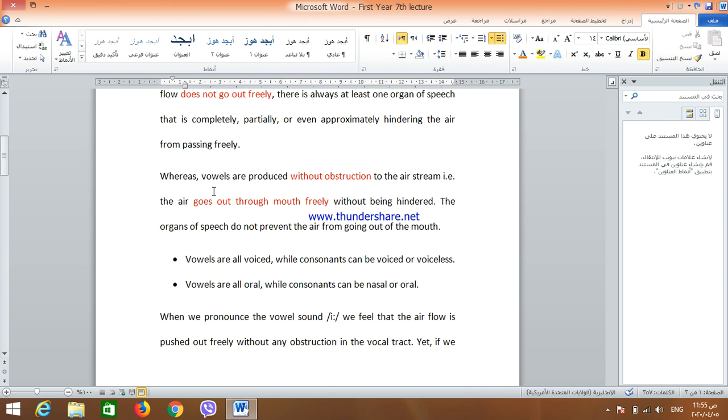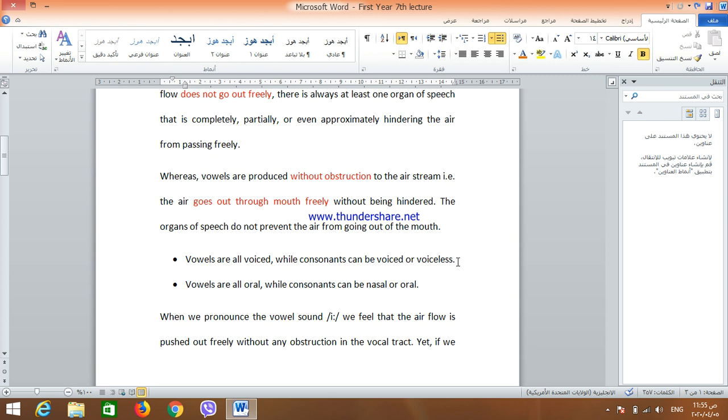On the other hand, in vowels, we have no obstruction to the airflow, or to the airstream if you like, which means the air goes out through the mouth freely without being stopped or hindered. The organs of speech do not prevent the air from going out of the mouth.